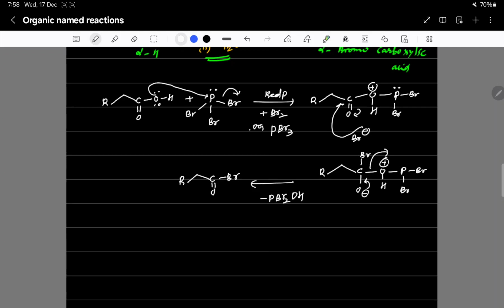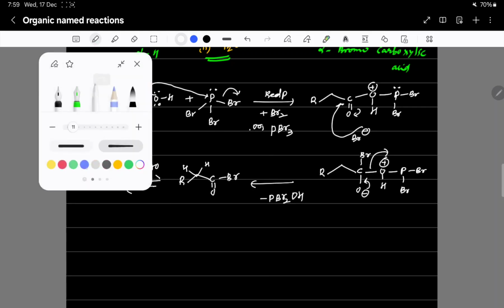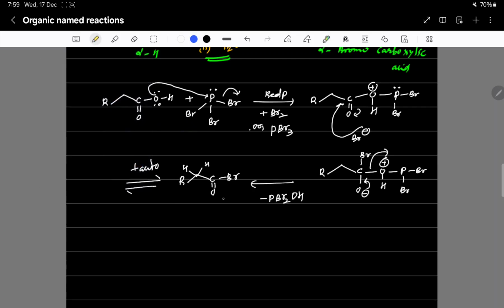Now this compound undergoes tautomerization. This hydrogen will be transferred, and we will get R, CH double bond C, OH, Br, student, right? This is the tautomerized product.